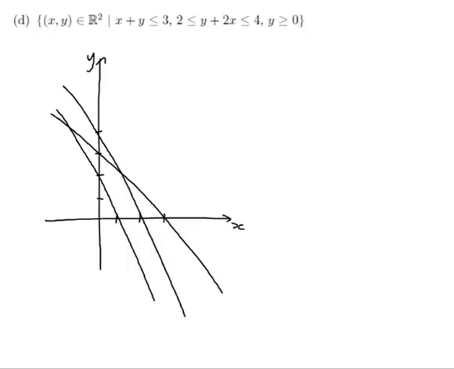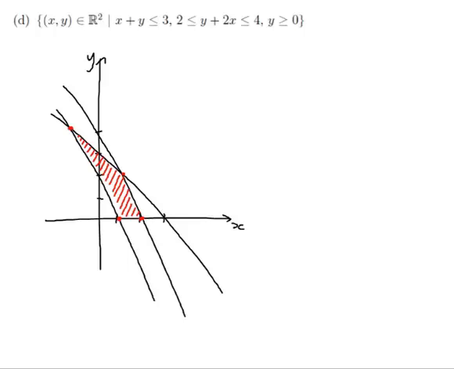And the set we wanted was this set here. Okay. So now all we need to do is find the vertices. We've already found this one, and this one, and this one. So all we need to do now is find this one here.